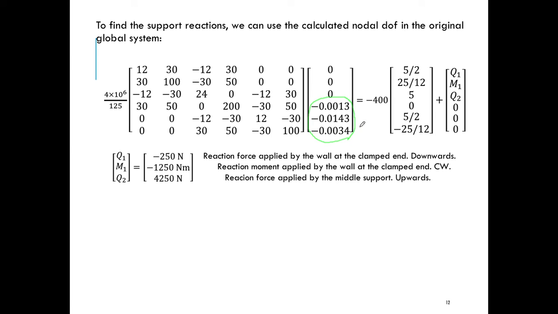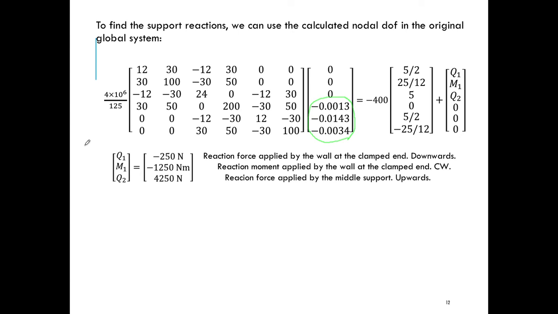Okay, now when I solve this, I will get what my q1, m1, q2 are. And this time around, what is their physical meaning? Again, because I was in SI units, I get all of my forces and moments in SI units: Newton for force, Newton meter for moment. But for Q1, which is the reaction force at node 1, I'm getting a minus 250.